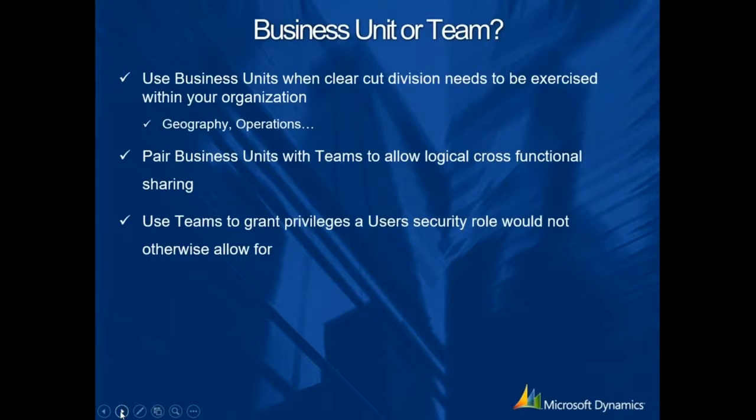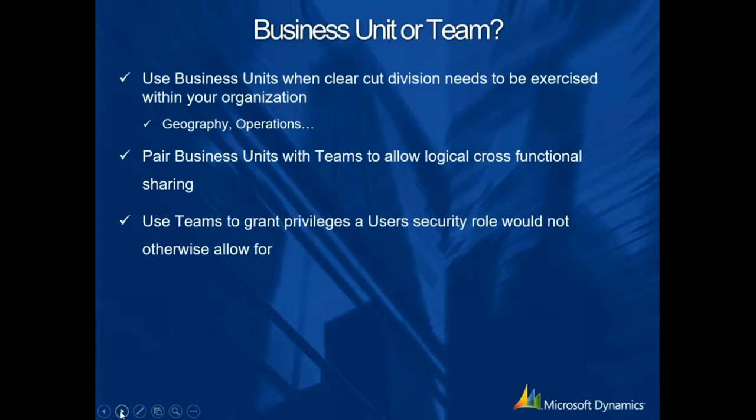So business units versus teams. I'm actually going to keep this pretty simple because it's really an organizational decision that takes some weighing out. If your business model requires a very defined, clear-cut division, whether it be geography or operations, then multiple business units, as we saw with that hierarchy, may really be your best bet. And then you can, of course, incorporate the use of teams, as I mentioned, to share records across those business units as required.